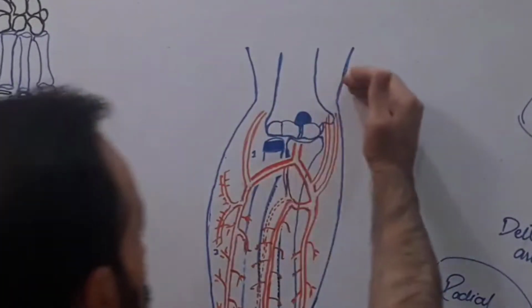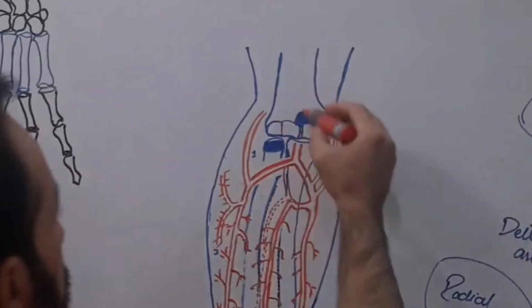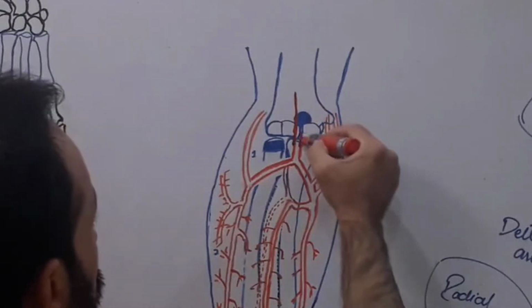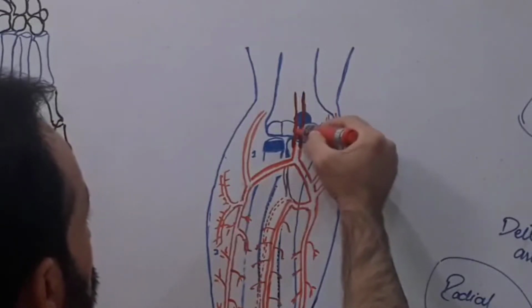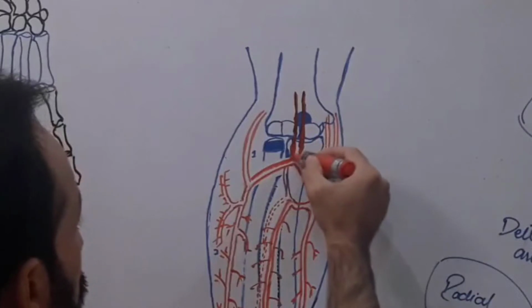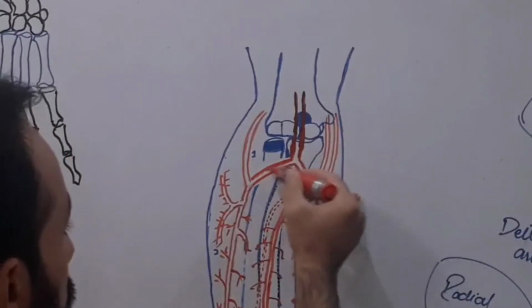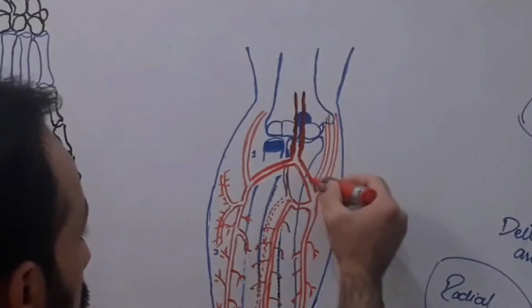Okay, so from above there was this artery, you can see, let me highlight it. This artery is our brachial artery. Clear, friends? We have told you that this brachial artery in the cubital fossa, a little distal to the elbow joint, bifurcates into the radial artery and ulnar artery, right?